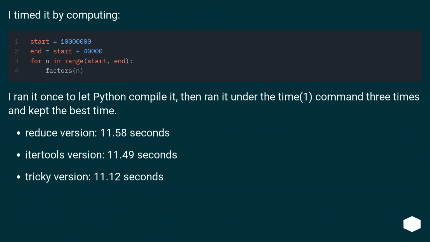I timed it by computing. I ran it once to let Python compile it, then ran it under the time command 3 times and kept the best time. Reduced version, 11.58 seconds, itertools version, 11.49 seconds, tricky version, 11.12 seconds.